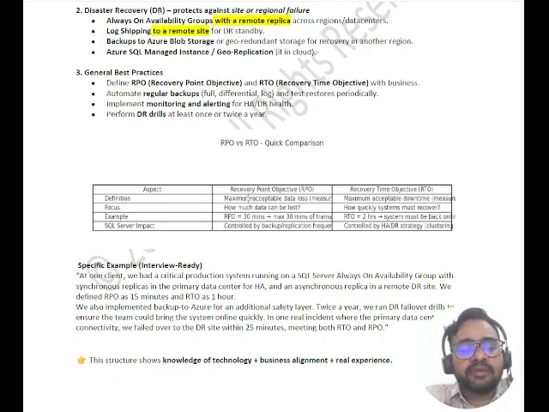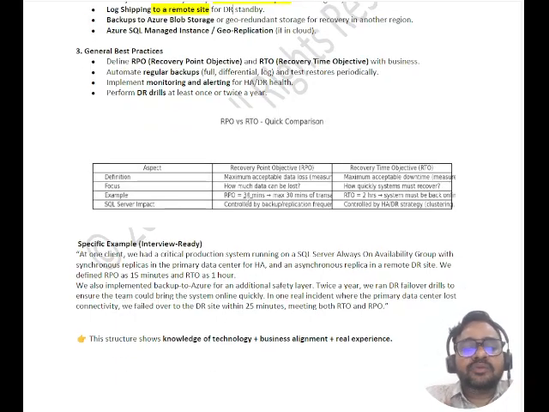Let me explain a bit. RPO is basically recovery point objective. How much data can be lost? RPO and RTO both are measured in terms of time.